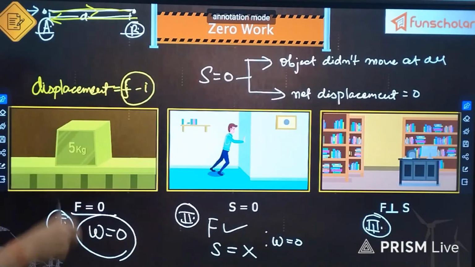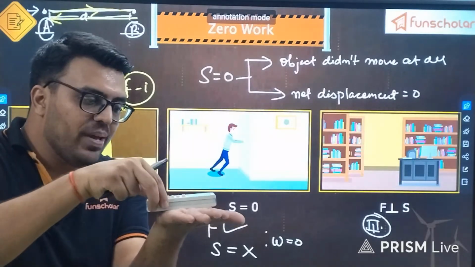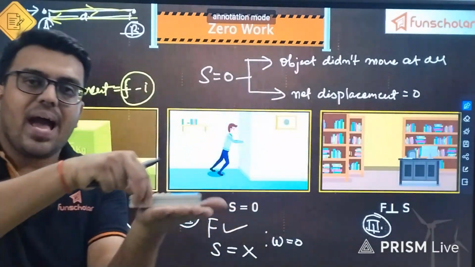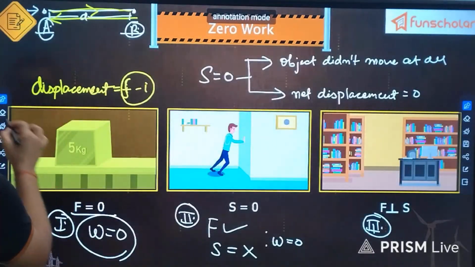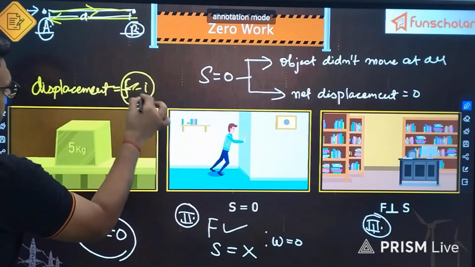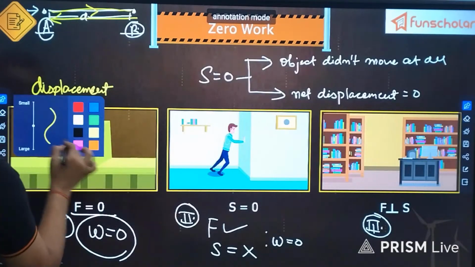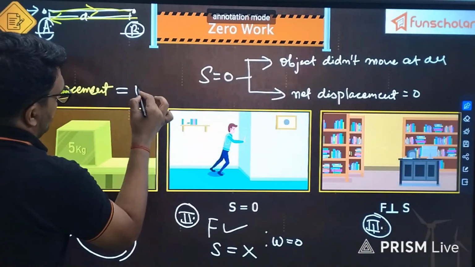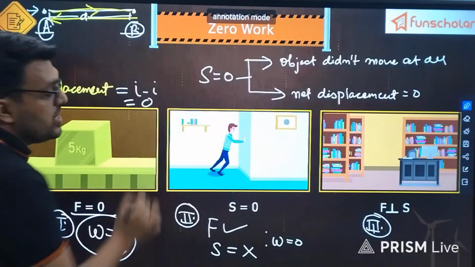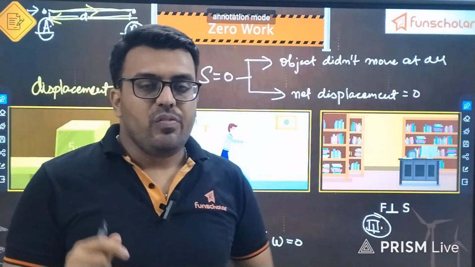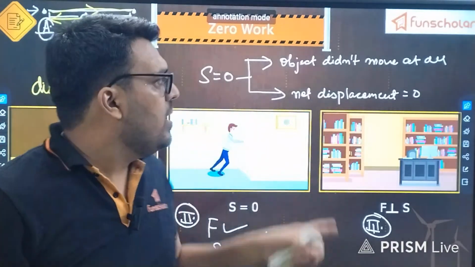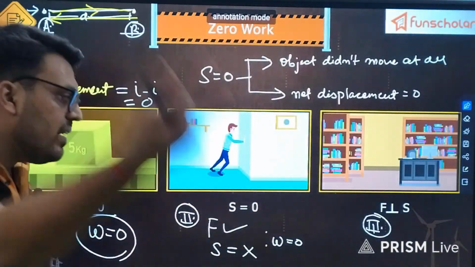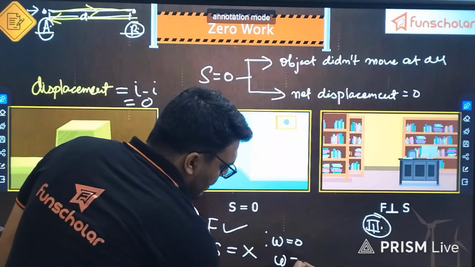But in the case of a round trip, when I am moving this from A to B and bringing it back from B to A, the final position and the initial position are the same. So here it will be I minus I, that is 0. So if an object moves but finally comes back to the initial position, the net displacement is 0. In that case as well, work done will be 0.